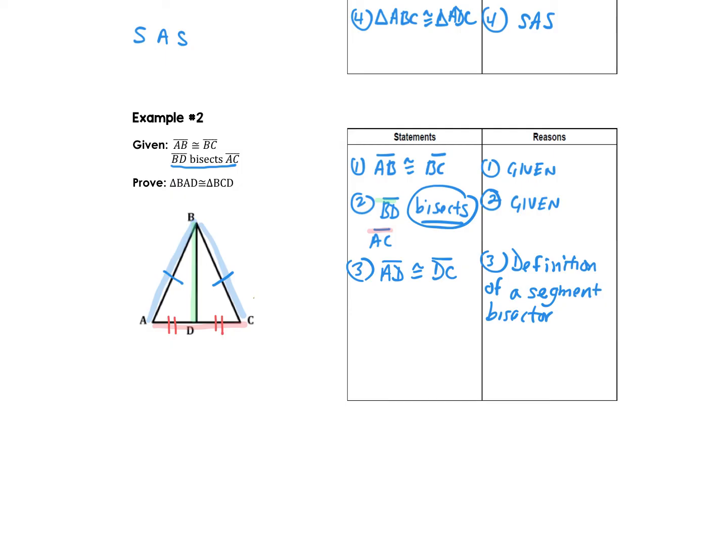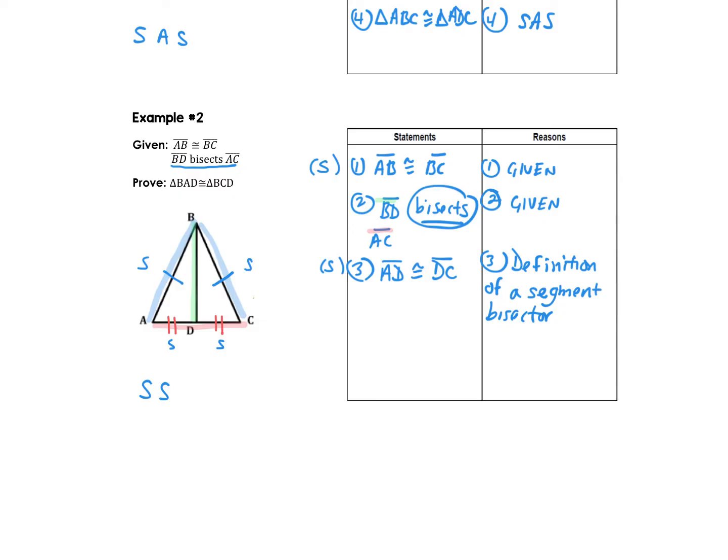Okay, so let me just go back and add a few notes. We have one pair of sides congruent in line 1, so we have an S. This is side congruent to side. We just got another pair of sides congruent, so that's another S. And now we're out of given information. We don't have things like vertical angles in this picture, so we really can't mark any angles congruent.